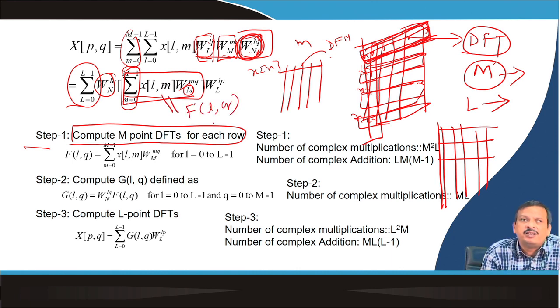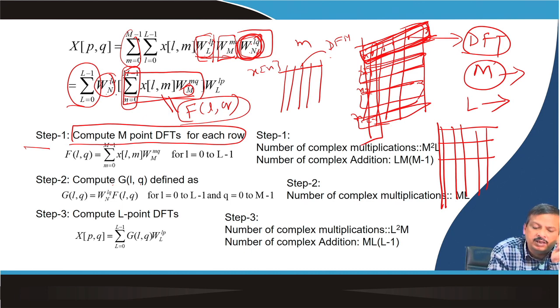L is fixed, only Q varies. Then define G(L,Q), which is the product of W_N^{LQ} multiplied by F(L,Q).